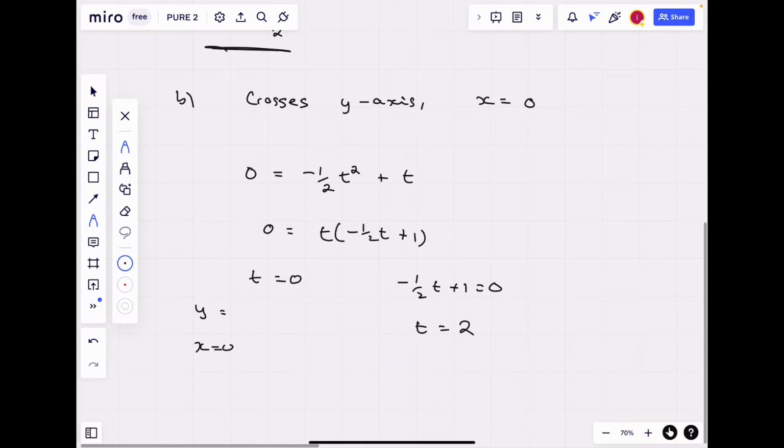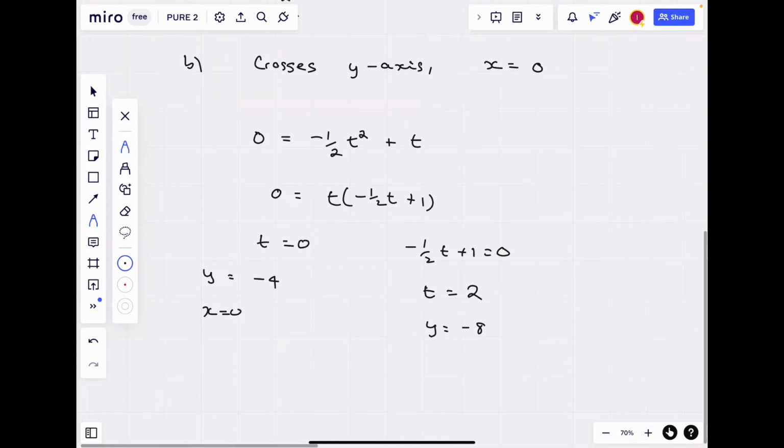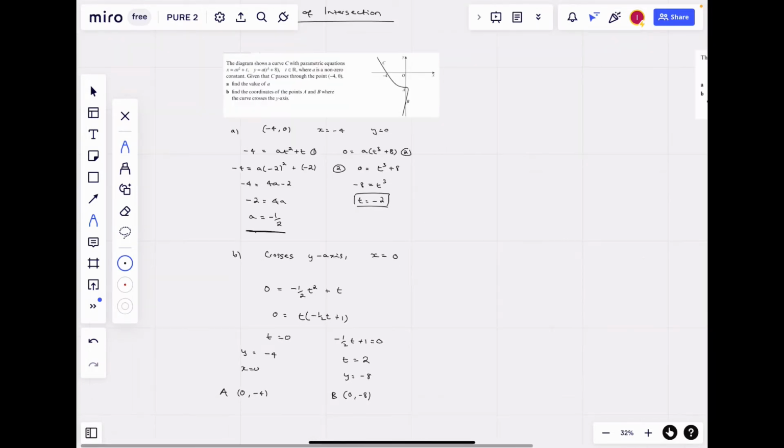So when t equals 0, what does y equal? -4. And then when t equals 2, what does y equal? -8. So your coordinates are (0, -4), that would be A, and (0, -8), that would be B. There you go. That's that one done.